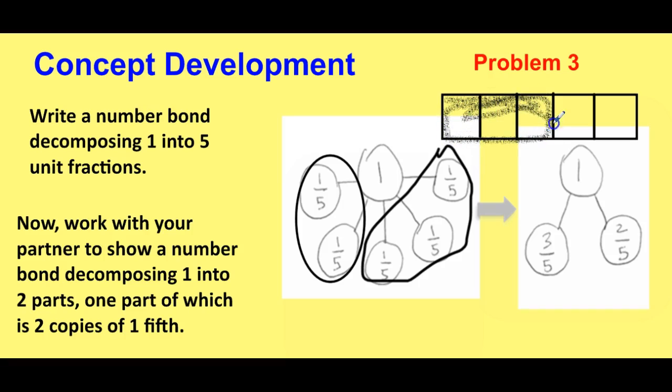And then the other part of my number bond says that I have 2/5, so that's these last 2 parts right here. So now that you can see what I'm talking about, are all parts of this rectangle shaded? Whenever we have 5 equal parts and all 5 parts are shaded, that shows me that the whole is shaded, so that's where this 1 comes from, because 3/5 and 2/5 together make one whole.